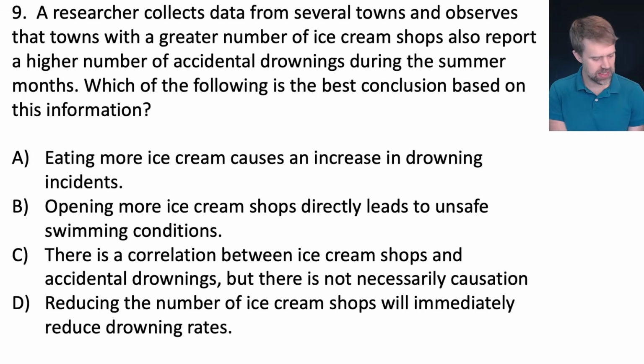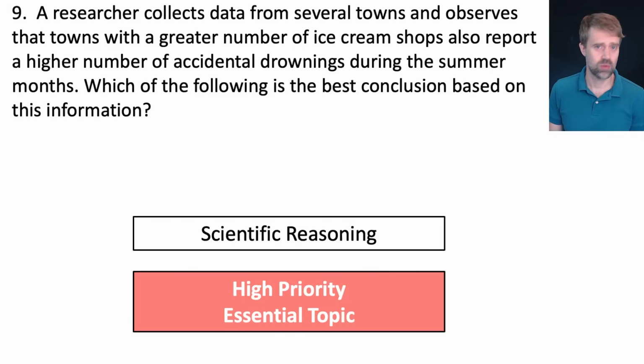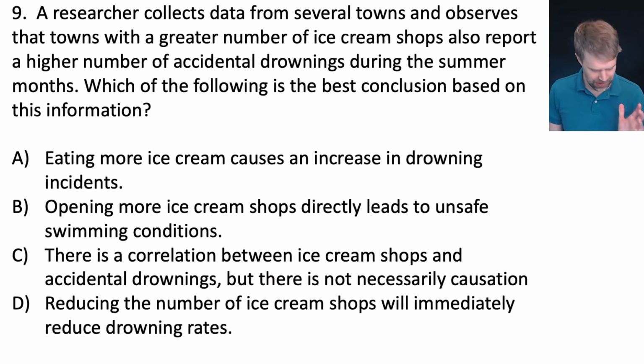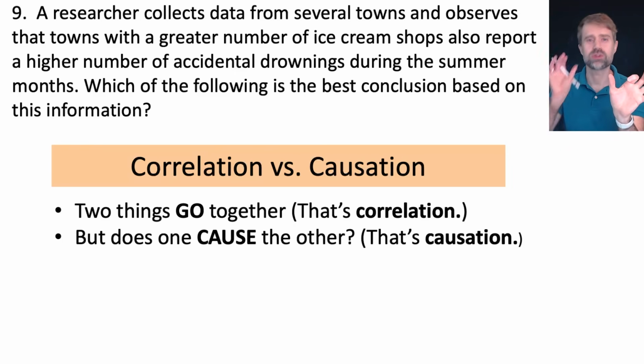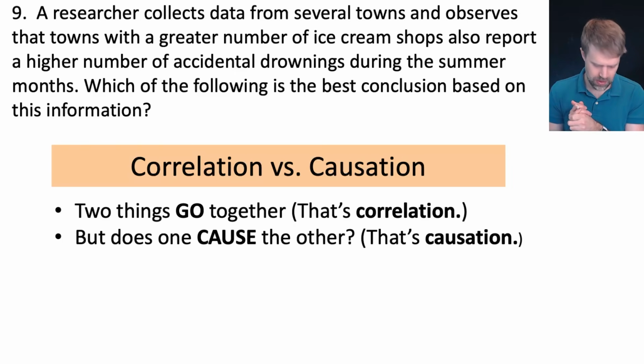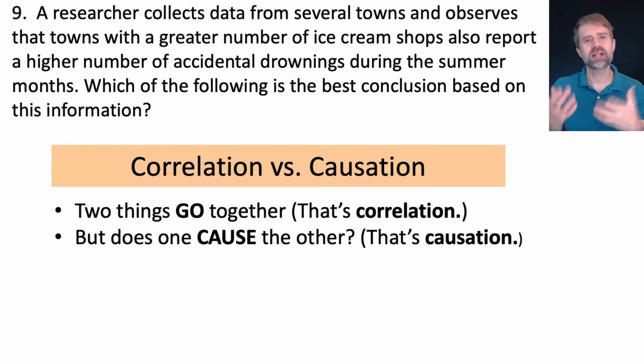This question is a scientific reasoning question. It is on a high priority, essential topic. We're going to talk through it. Okay. This question is getting at something that the TEAS absolutely loves, which is correlation versus causation. Let's talk about what that means. There are lots of ways that different things in the world can be related to each other.